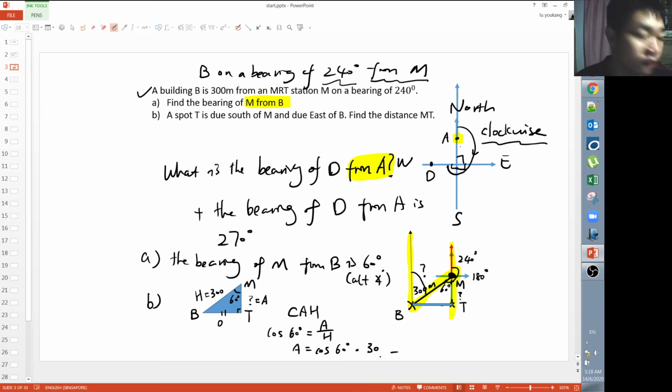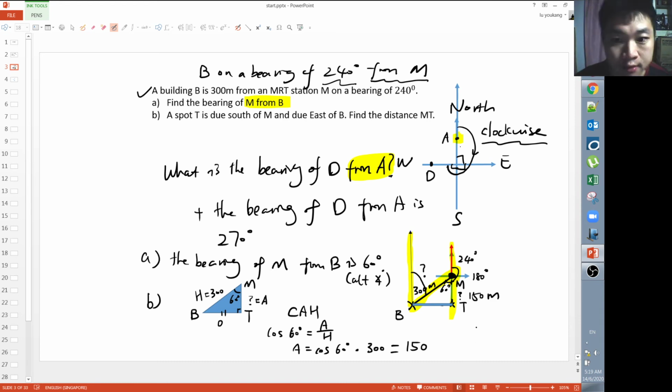Let me get my calculator. Cosine 60 times 300, you are supposed to get 150. So the distance of MT is 150 meters.